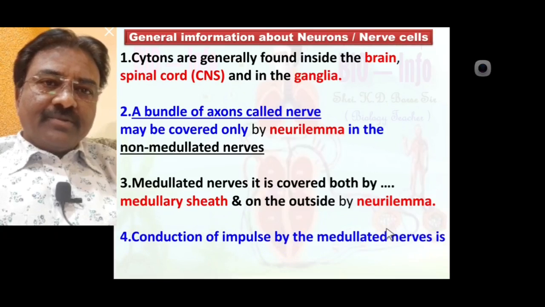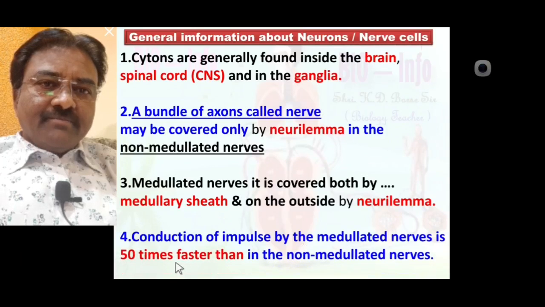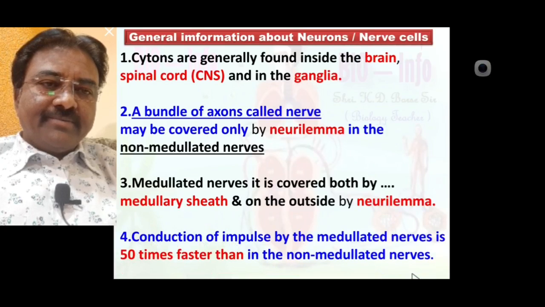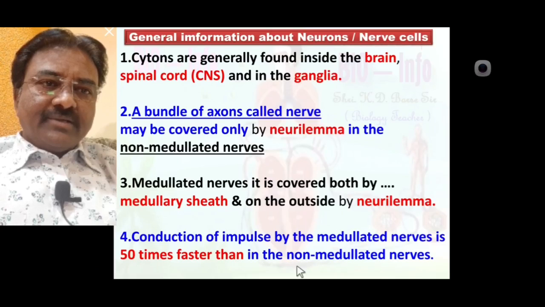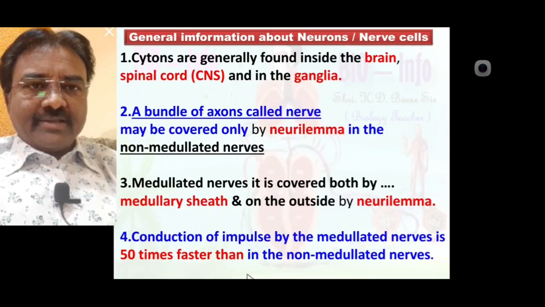Now, fourth point, conduction of impulses by medullary nerve is 50 times faster than the non-medullary nerve. Always remember, this is the most important point: which nerve is fastest in conduction of impulses? Medullary nerve is fastest, 50 times more than the non-medullary nerve. So this is the difference between medullary nerve and non-medullary nerve.